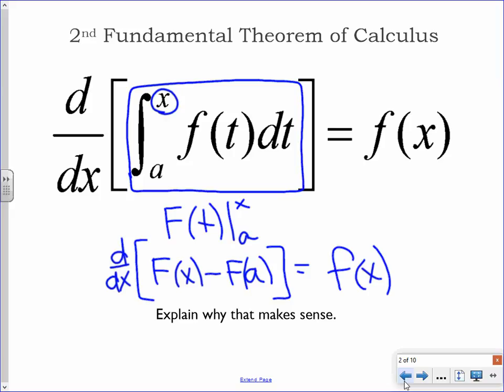The integral from a to x. A is a constant. It doesn't matter what it is. Negative 100, 0, 3, 10. Doesn't matter as long as it's a constant. And then x is up here.